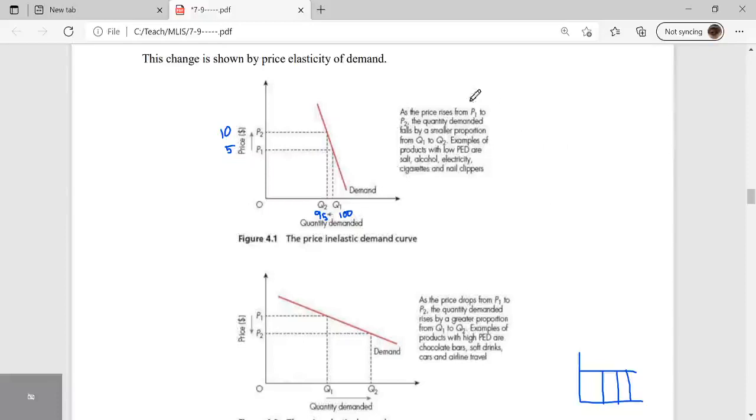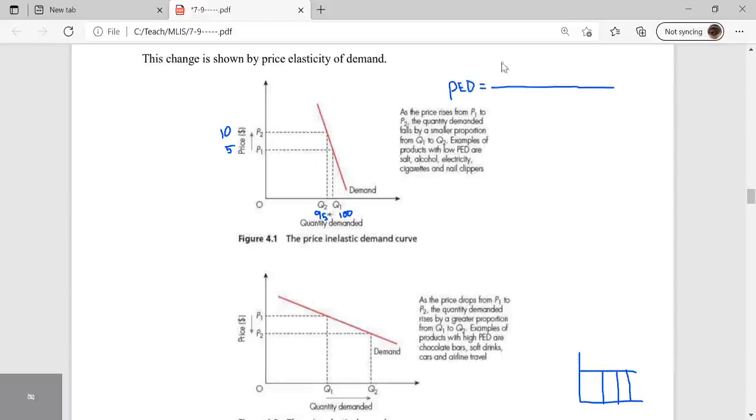Now if you put it into the formula, let's write the formula first. PED is equal to percentage change in quantity demanded divided by percentage change in price.